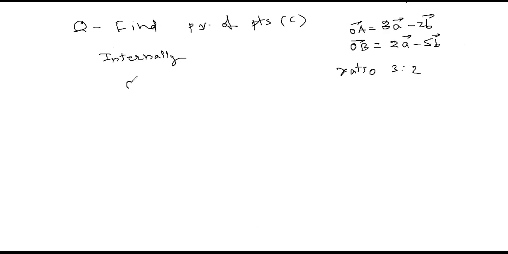You know that vector OC will be equal to 3 times vector OB plus 2 times vector OA, divided by 3 plus 2.